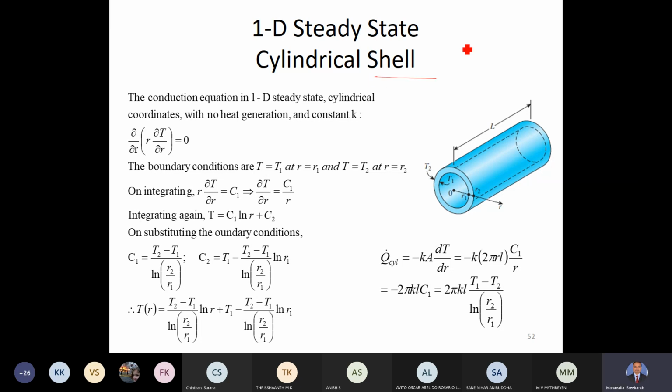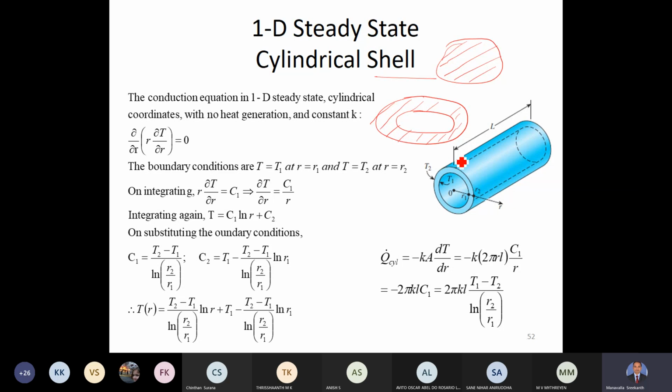If you draw a solid cylinder, the cross section will look something like this. This is a solid cylinder. A cylindrical shell is something like this. Typically a pipe carrying some fluid inside, or it could even be a vacuum. So that becomes the cylindrical shell.